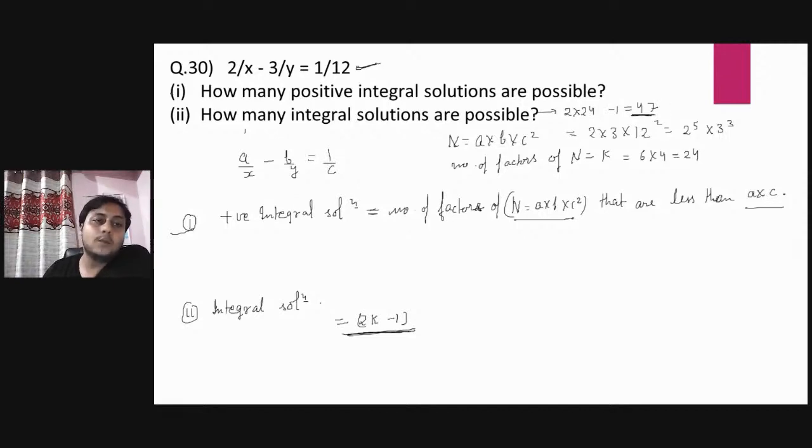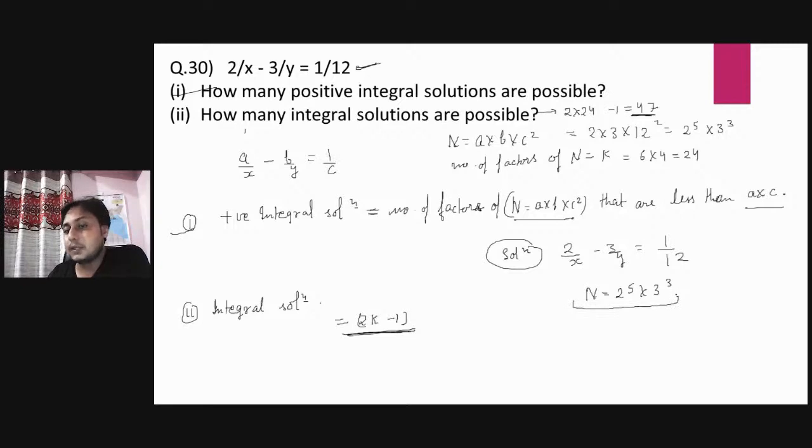Now come to the positive integer solutions. So guys, listen to me carefully. 2 by x minus 3 by y equals 1 by 12. The number is 2 power 5 into 3 cube. So you have to find the number of factors of this number that are less than a into c.